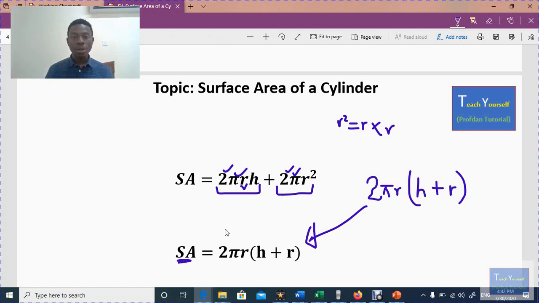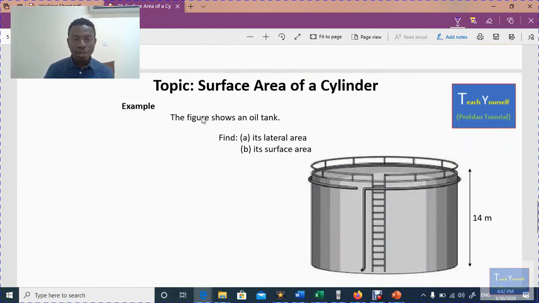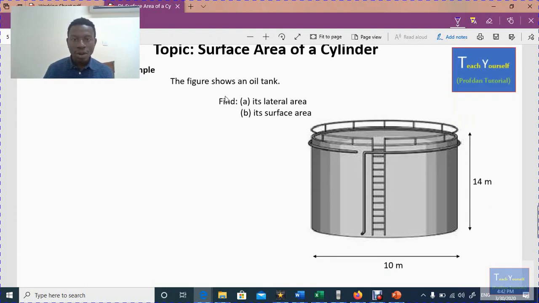Quickly we'll look at an example. This example says, the figure shows an oil tank. Find 1, its lateral area, and 2, its surface area. Remember what lateral area is.